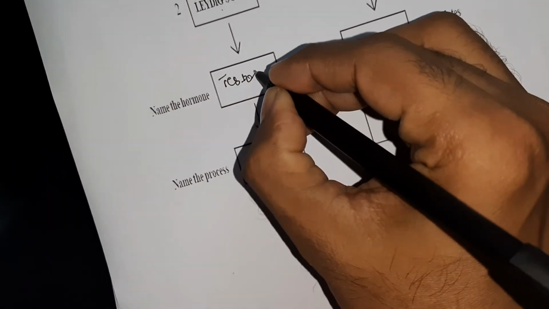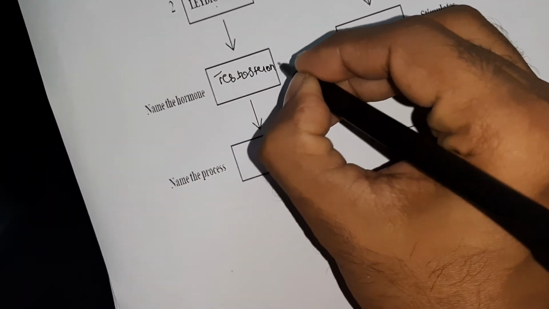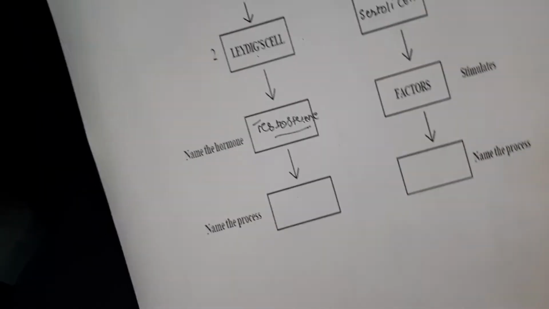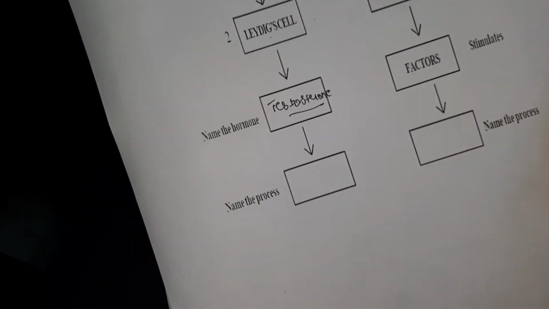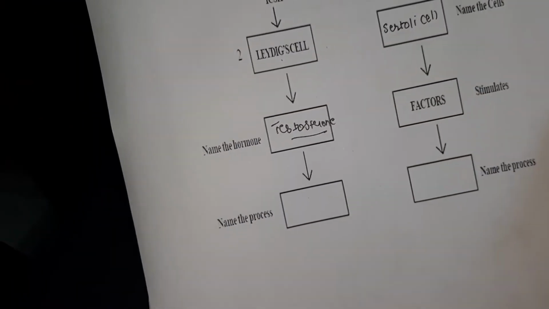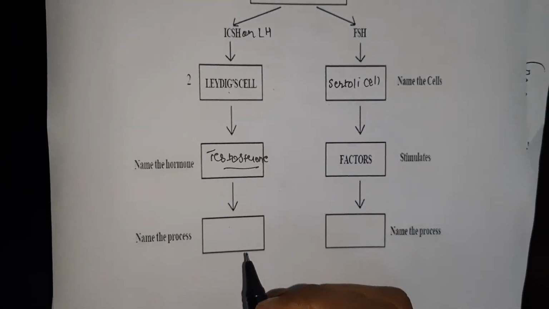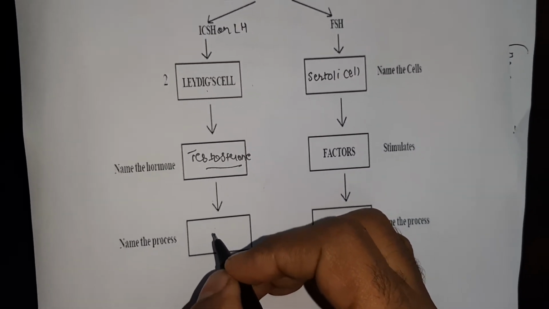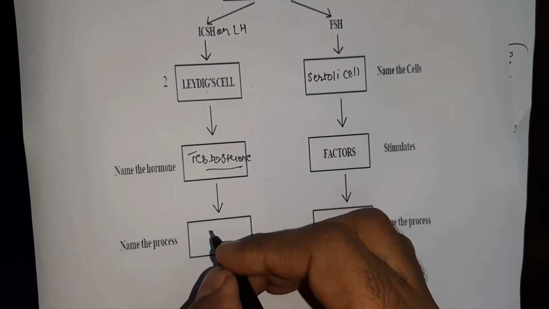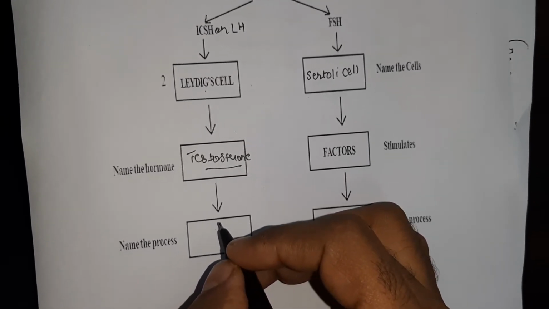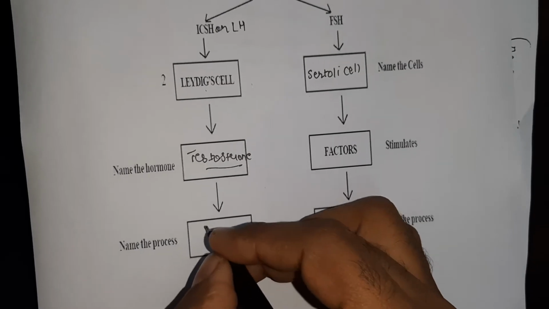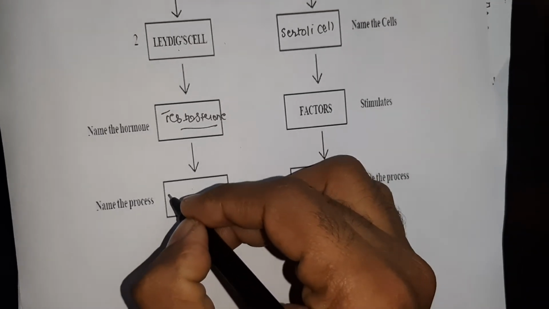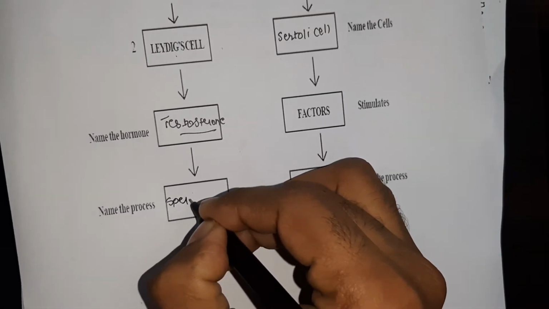So it will release testosterone. Testosterone is a male hormone. It plays a very important role in the proper working of the reproductive organs, to develop the secondary sexual characters in males, and also in the process of spermatogenesis.